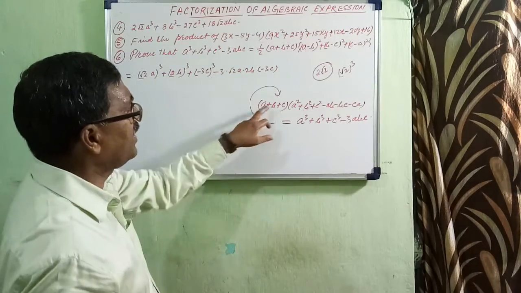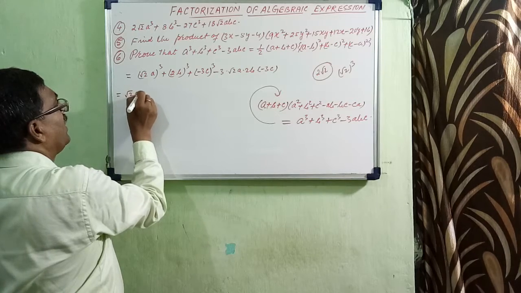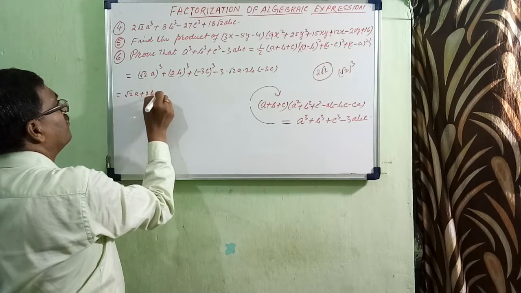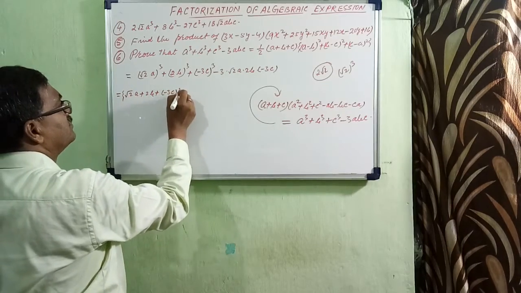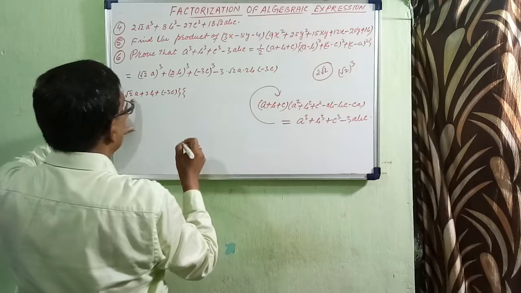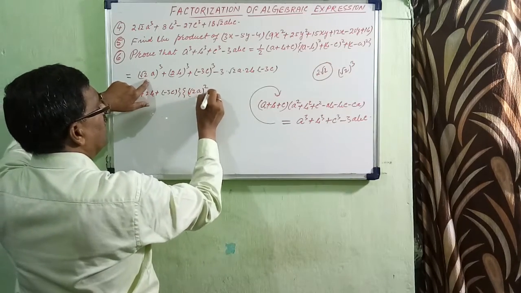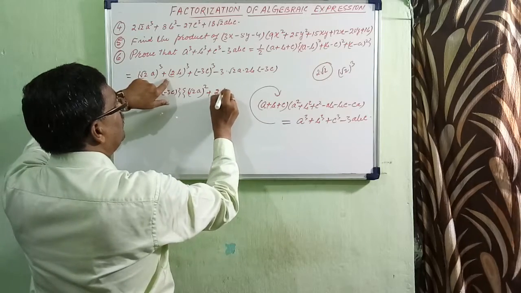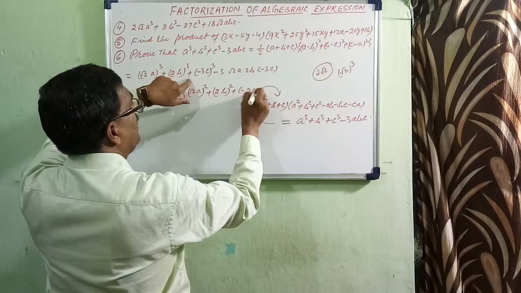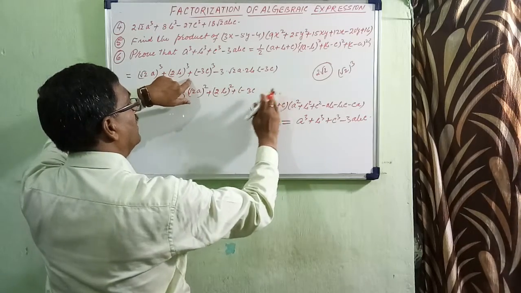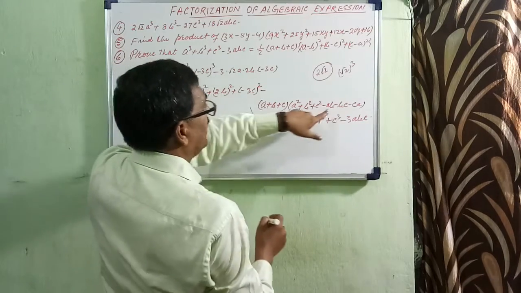So we can directly write in this form. What is that? (Root 2a plus 2b plus minus 3c), that is a plus b plus c, into a square. What is your a? Root 2a whole square. What is your b? 2b whole square. What is your c? Minus 3c whole square, minus ab.